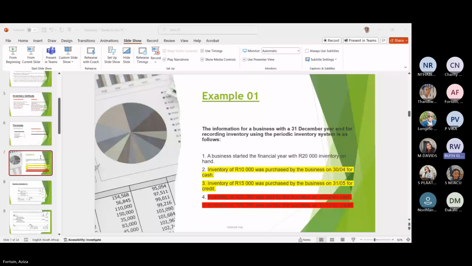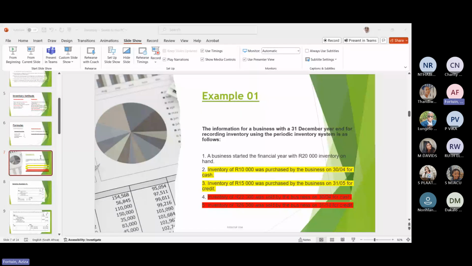That would be 120. So 20 over 120. Sorry, 2,400 times 20 divided by 120 would mean 400 Rand output VAT.